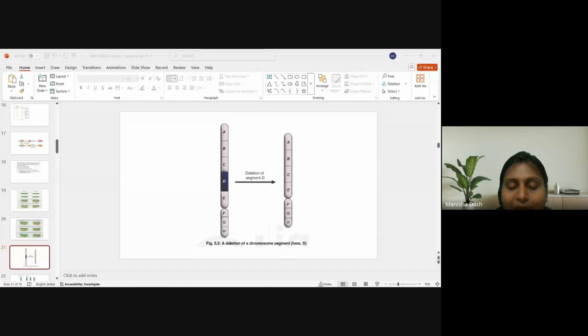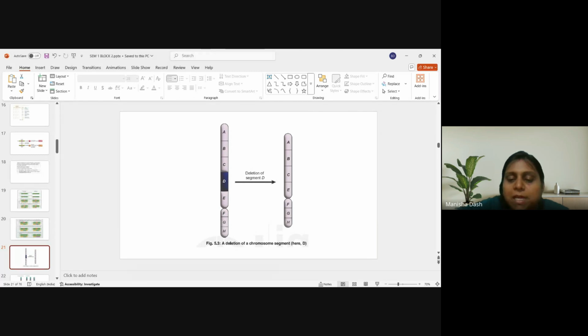The part of the chromosome that is deleted is associated with larynx development. The larynx is the voice box in human beings. So if the larynx is not developed properly, then sound production will be affected, and the individual will produce a sound like the mewing of a cat. That is an example of a deletion mutation.